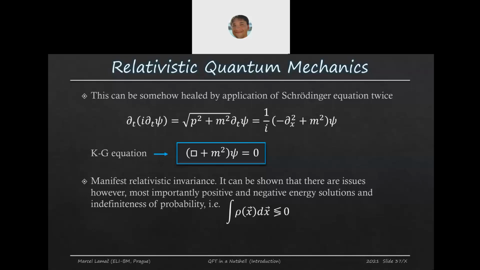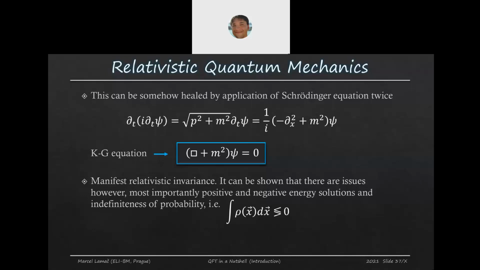This is related to the fact that, since we are considering E squared equal to P squared plus M squared, if we take the square root of it, we would get plus or minus the square root of P squared plus M squared.